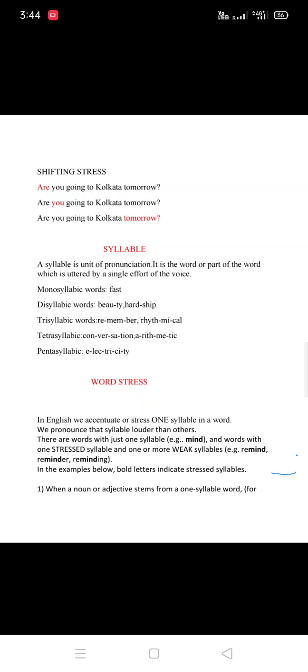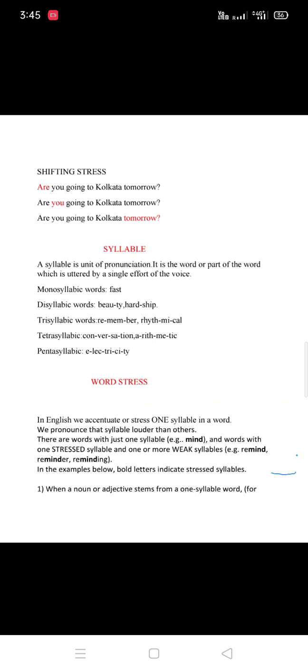Are you going to Kolkata tomorrow? Are you going to Kolkata tomorrow? So, the sentences are the same, but the way I pronounce them is different, right? Because stress is shifting from are to you, then to tomorrow, right?